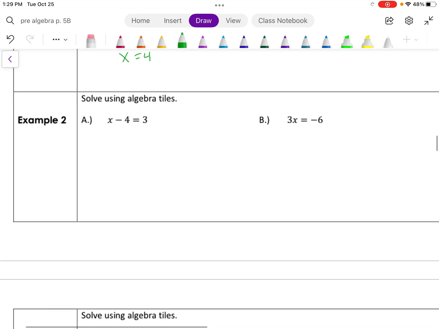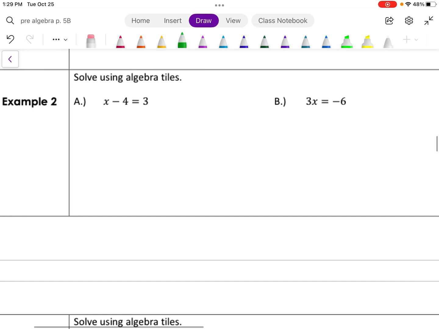Okay, I'm going to skip a couple of these. We'll do example 2. Here we've got x minus 4 equals 3. So with my algebra tiles, I've got 1x and 4 negatives equals 3 positives.